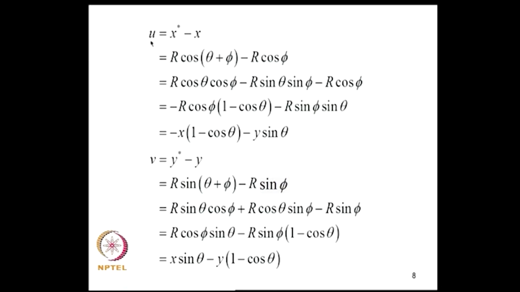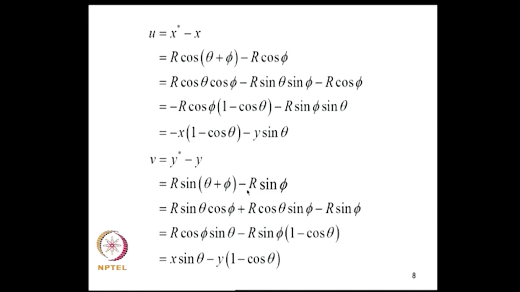So, the displacement along the x direction is x star minus x. That is r cos (theta plus phi) minus r cos phi. When we expand and rewrite, we get this as minus x (1 minus cos theta) minus y sin theta. This is u, according to the assumption, the displacement field. Now, v is y star minus y.